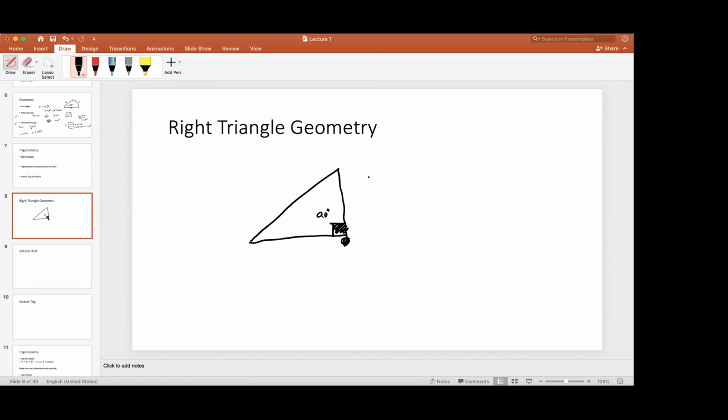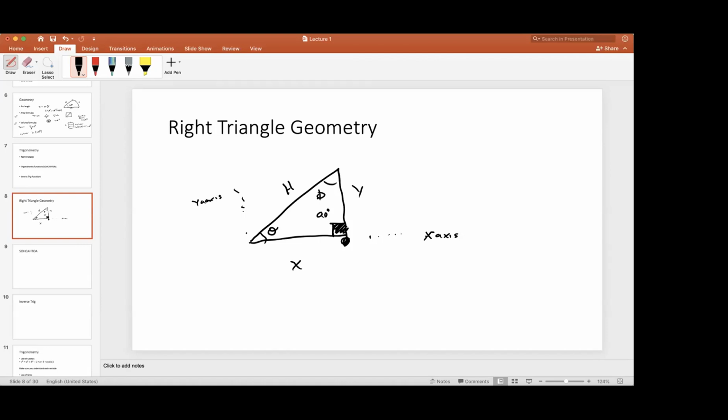The angle could be anywhere, but in general, we're going to assume that this is along the x-axis and that this is along the y-axis. And so we have a hypotenuse, that's the long side of the triangle. We have a y and an x, and then we have an angle and an angle. I'm going to call this angle theta and this angle phi. We're going to talk a little bit about these things.